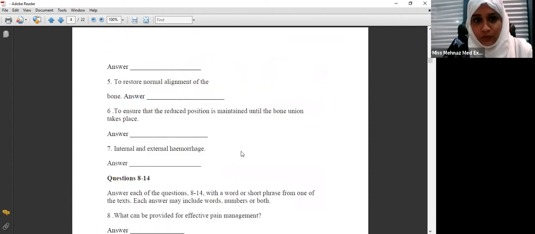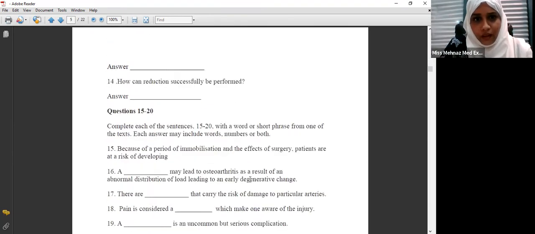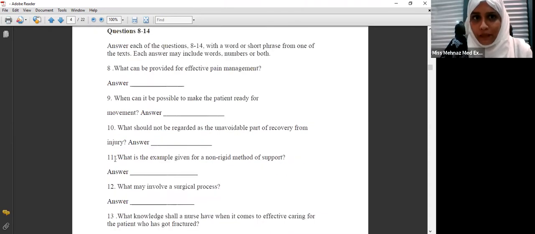Then, as I've told you, there are short answers. Kindly do read the instruction: each answer may include words, numbers, or both. So it's just going to be a short phrase, not a long one, and you're going to fill this up. These are the 20 questions you're going to get in part A. Okay, understood?